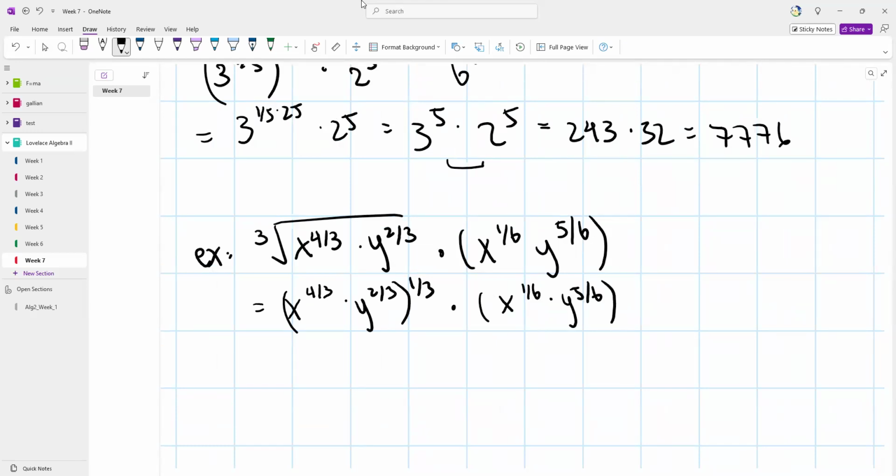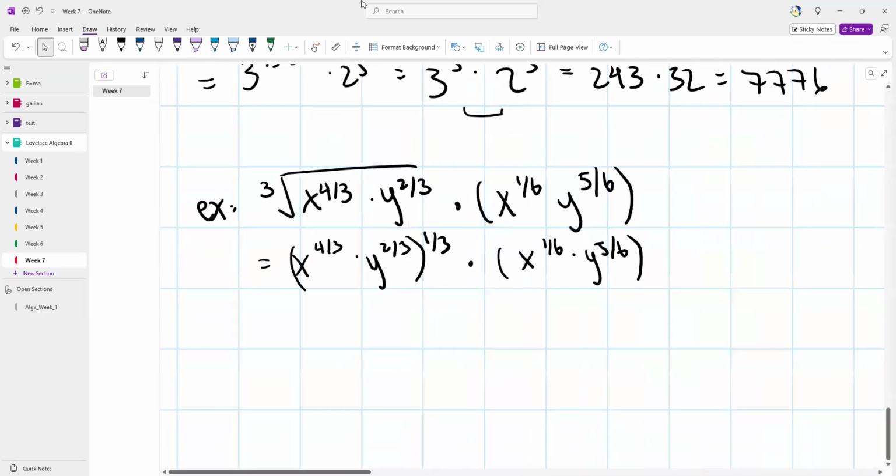Okay, and we know that x and y are different, so there's really no way we can put them together even if their bases are the same. So now we just have to expand it manually. So when we expand it, we get x to the power of, okay, for exponent to the power of exponent, you have multiplication, right?